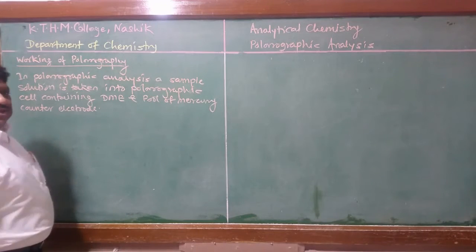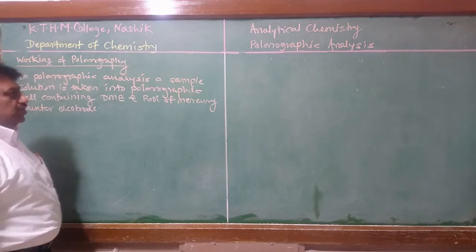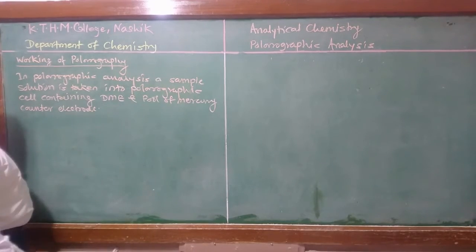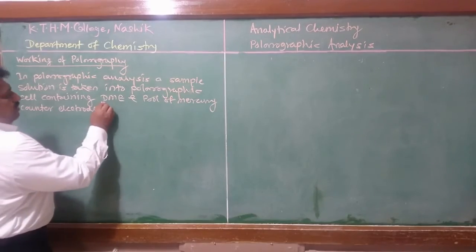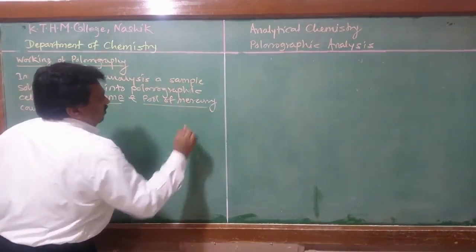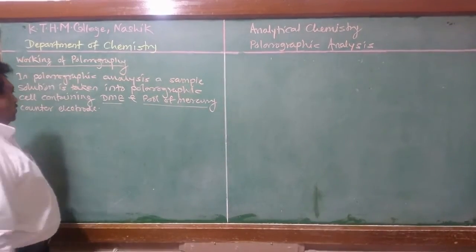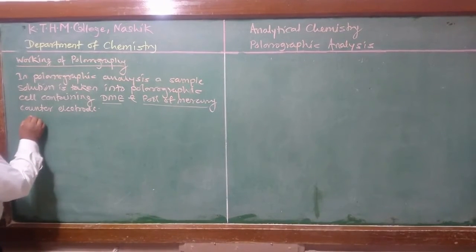Therefore, the sample solution, particularly the analyte solution, is taken into the polarographic cell. Actually, it is the electrolysis cell. When we use DME and a pool of mercury as electrodes, then it becomes a polarographic cell.